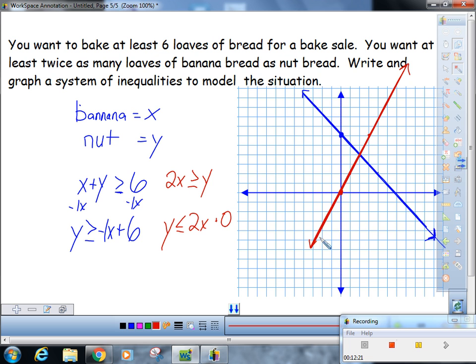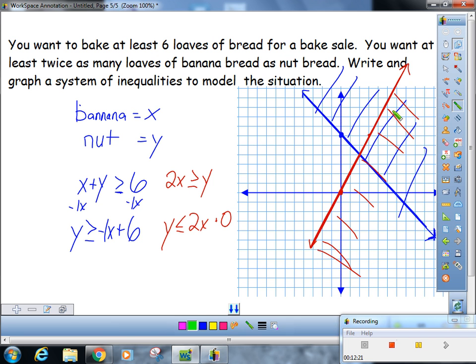Okay, now we wanted to be above the blue one, and below the red one. And so that means, now, in essence, like if this was a real problem, I don't think we can make negative loaves of bread.